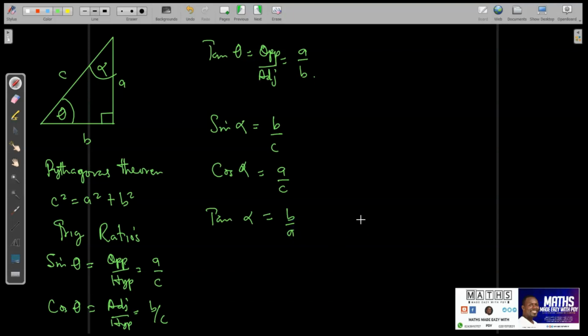Yes, please. I believe those of us who had doubts in our previous lesson now understand the trig ratios and the Pythagoras theorem and how to connect them.